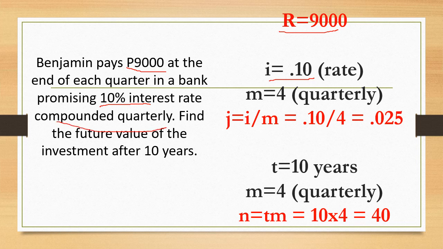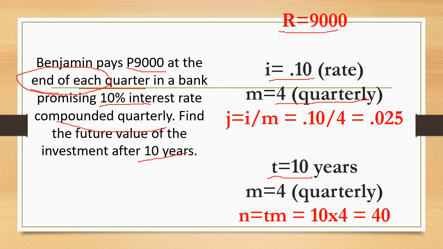So M is equal to 4, quarterly. So at the end of each quarter, making this a simple annuity. And the keyword is at the end of each quarter, so making this an ordinary annuity. Find the future value after 10 years, which is our time.